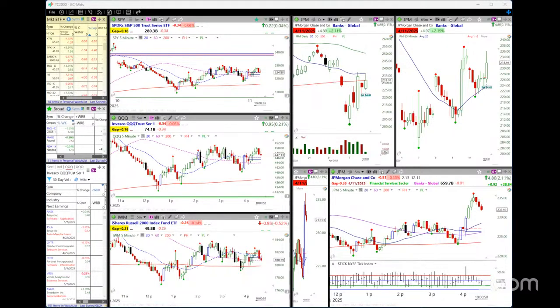That consumer sentiment was considerably lower than the expectation, and the market isn't cracking.